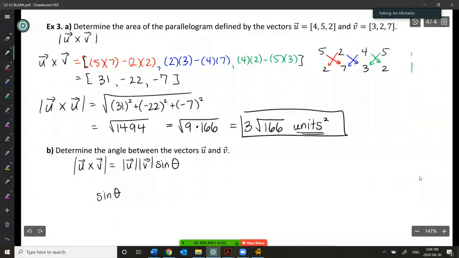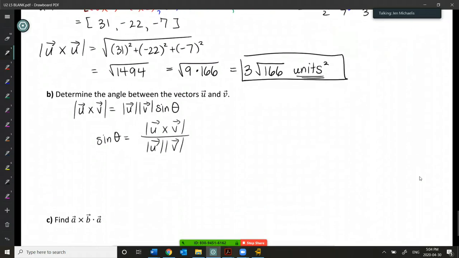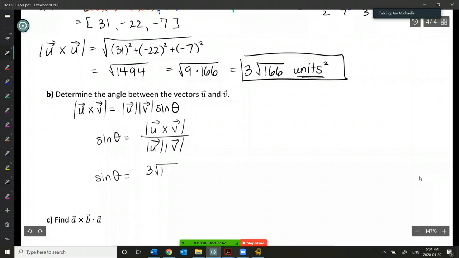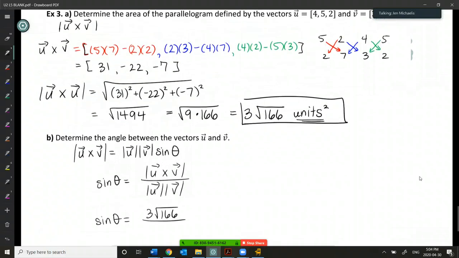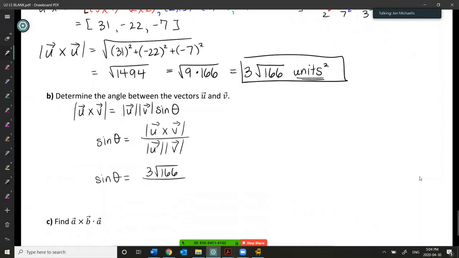So if I'm rearranging this, I'm just saying that sine theta is basically going to be the magnitude of u crossed with v divided by the individual magnitudes of each vector multiplied. So we've already calculated part of this. We found this to be 3 root 166. And then we're going to find the magnitude of u and the magnitude of v.